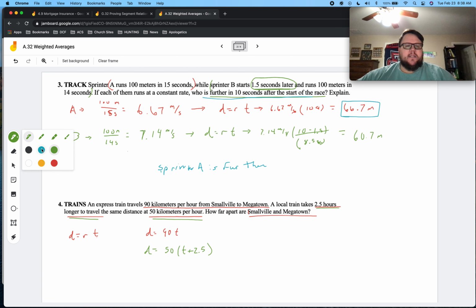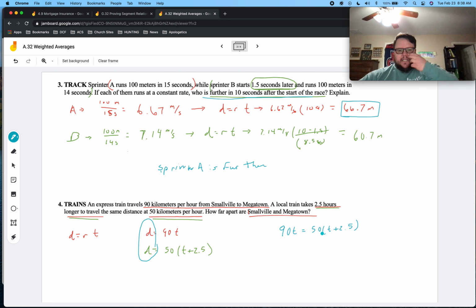So if you notice, both of these D's are the same, so we can set these two equal to each other. So now we have 90T equals 50 times (T plus 2.5).